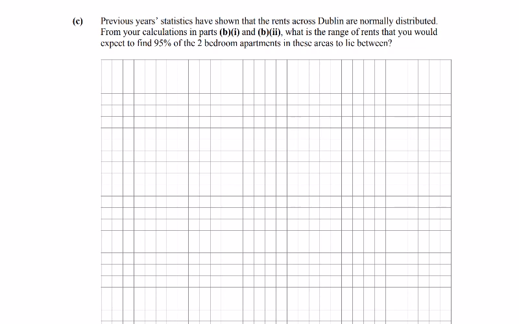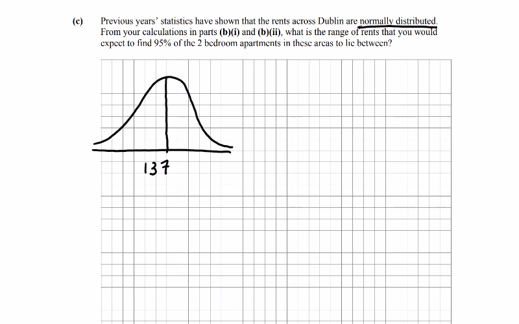Part C tells us that previous year's statistics have shown rents across Dublin are always normally distributed for us, so we have our normal distribution curve. In the middle we have the average, which we got to be 1373.33.